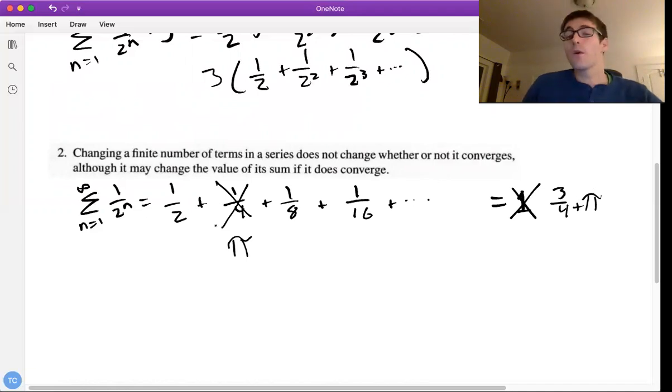If I were to change another number, then yes, our series might change what it converges to, but we're not going to change whether or not it converges. The same type of logic applies if it diverges. Changing a single number or a finite number of numbers isn't going to impact whether or not it converges or diverges.